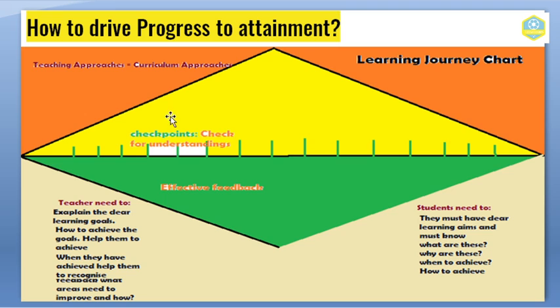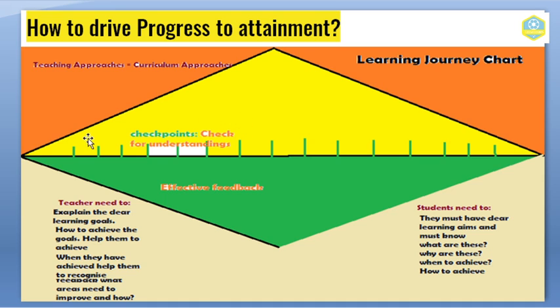At every point you have to check. What are you going to check? That students are getting properly what they have learned, whether they know it or not. So this checkpoint helps to check for understanding.